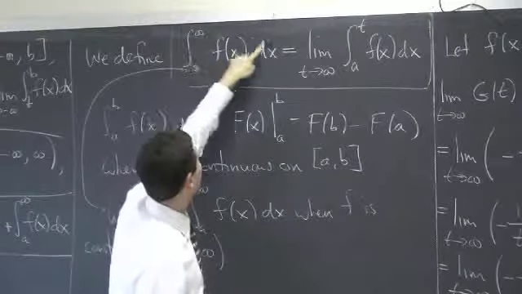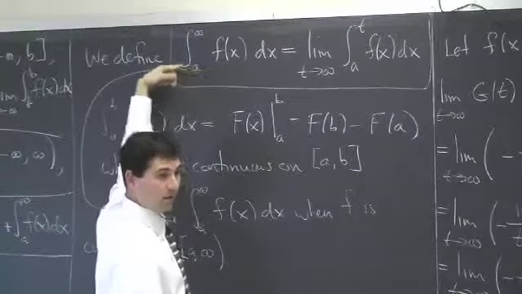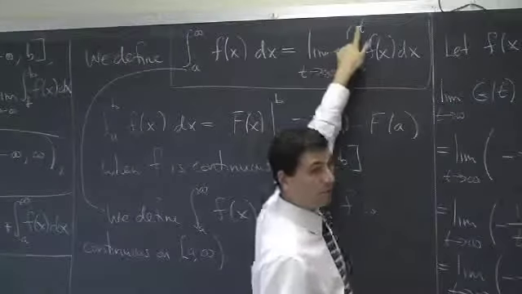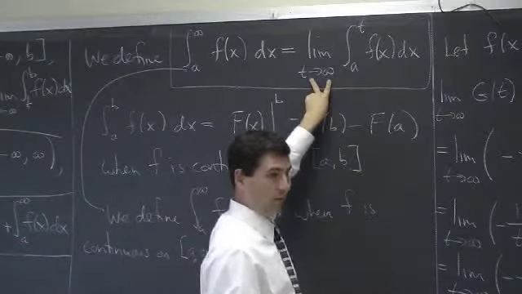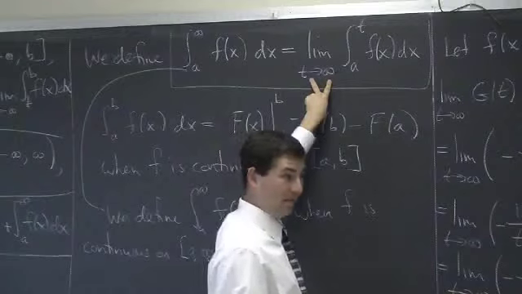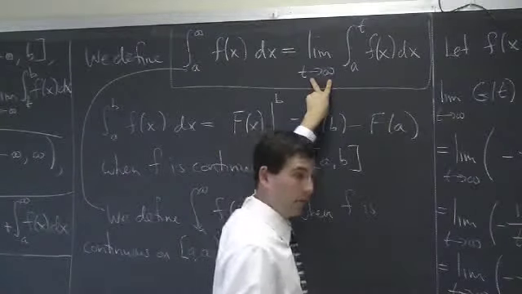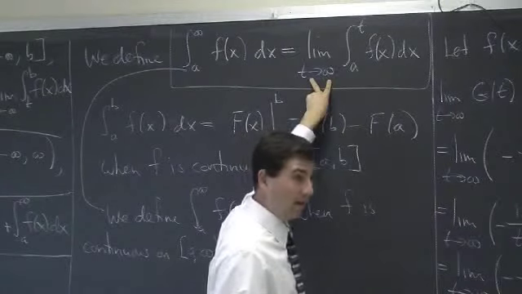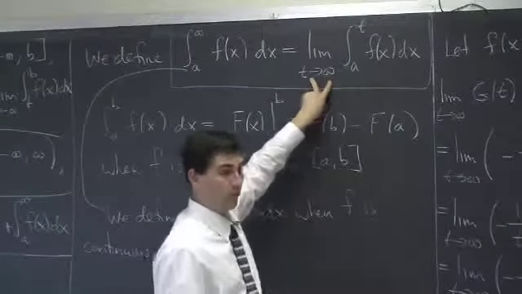When we say this, we have to give this a real meaning. Okay? And the real meaning is that we evaluate these integrals, and then we look at the limit as t goes to infinity. Okay? And what does it mean that t goes to infinity? It means t gets arbitrarily large. Right? T never gets there because there's no there to get to. Infinity isn't an actual number.